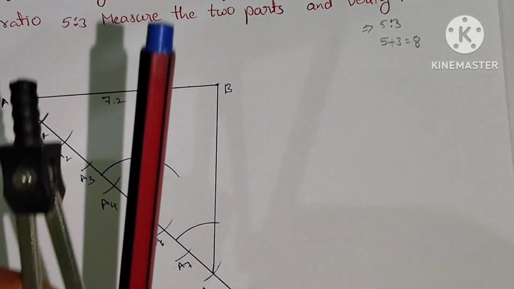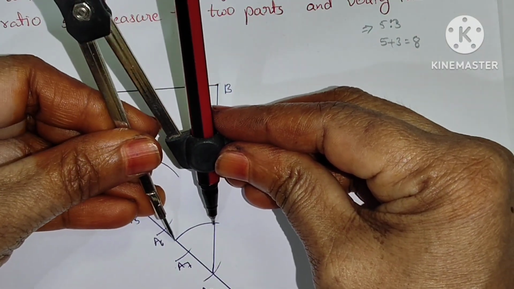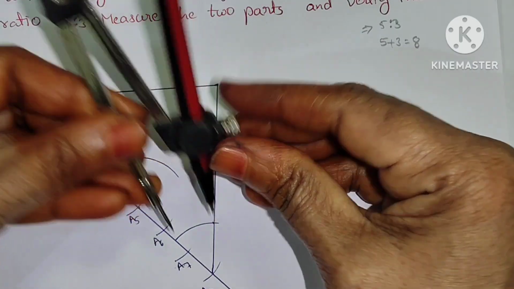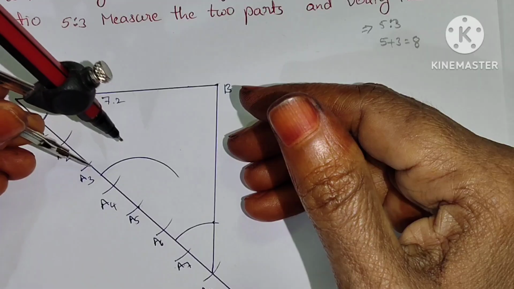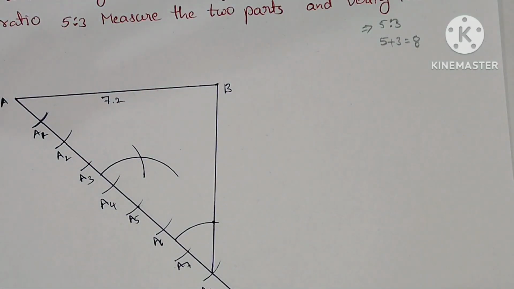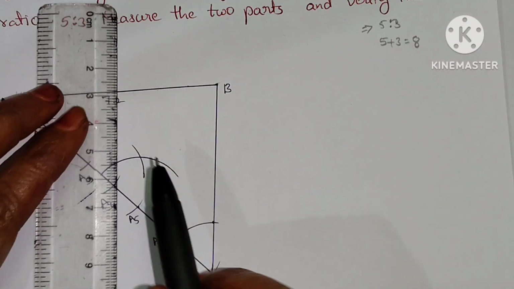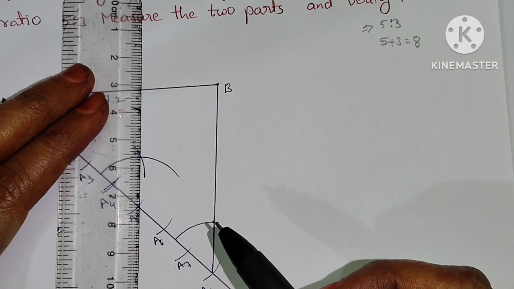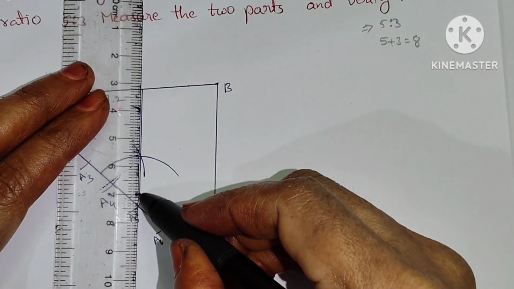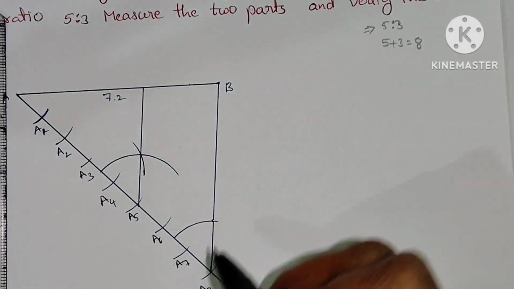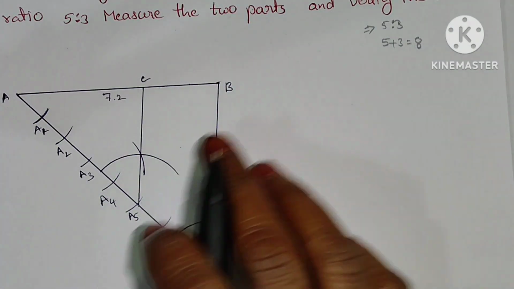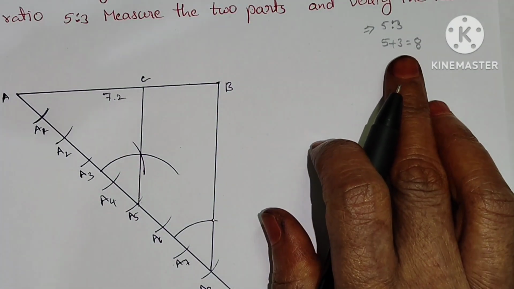We measure from here to here, and take the same radius and use it here. Now we draw the line from A5 to this intersecting point. This is the line parallel to A8B. So this is point C.